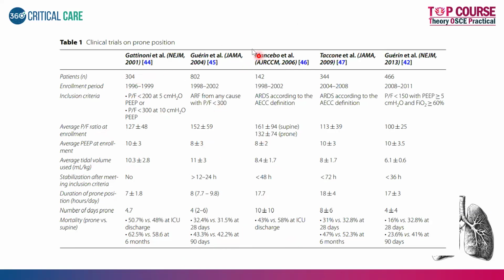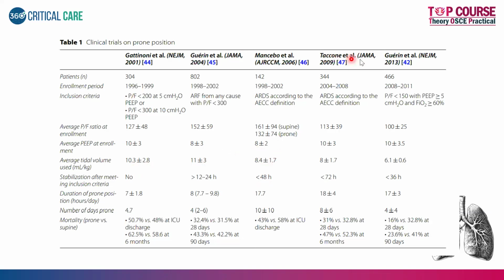Mancebo's trial was the first trial to use a good timing for proning, roughly 17 hours, and also went towards a fairly conservative tidal volume, roughly around 8. But we might think there is some overlap between these two. Roughly, it comes to the same amount.